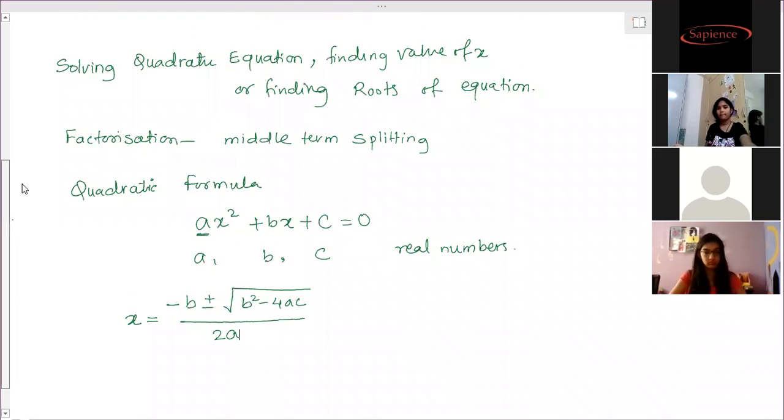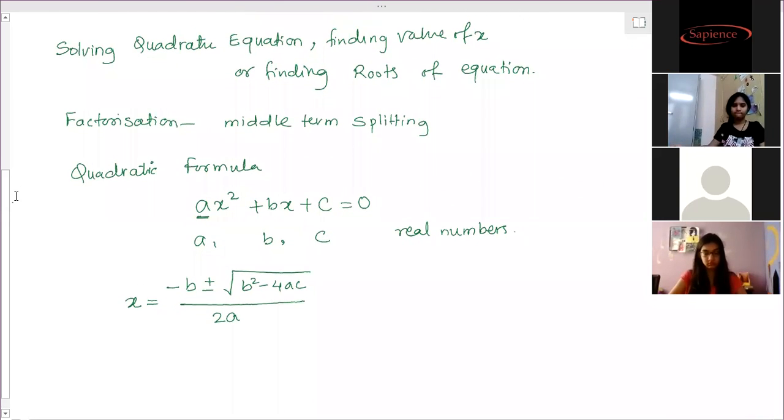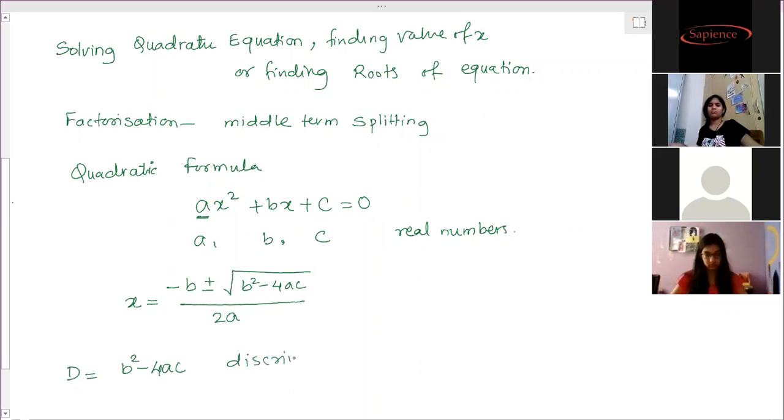Before solving, while solving this question, we will first calculate the value of b square minus 4ac, before substituting any values in this formula. This is called D, that is the discriminant.